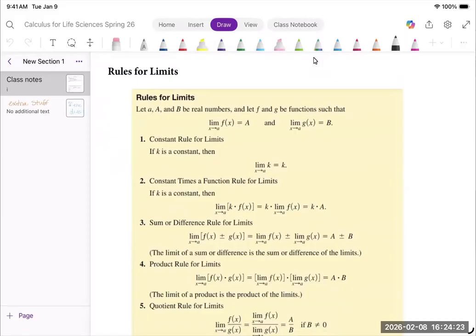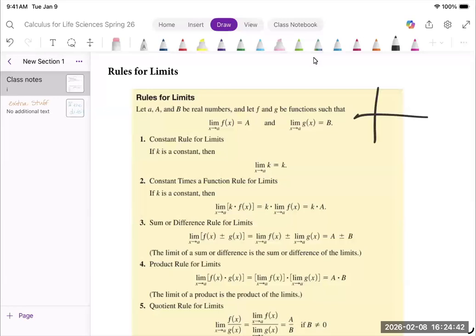Let little a and cap B be real numbers, and let f and g be functions such that the limit as x approaches a of f of x equals cap A, and the limit as x approaches little a of g of x equals B. So this just says basically you have two different functions.